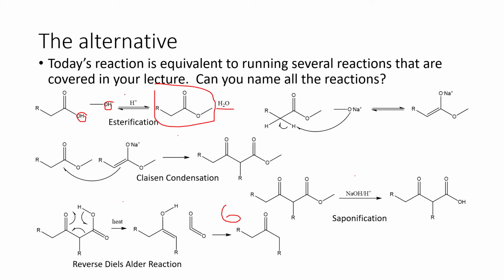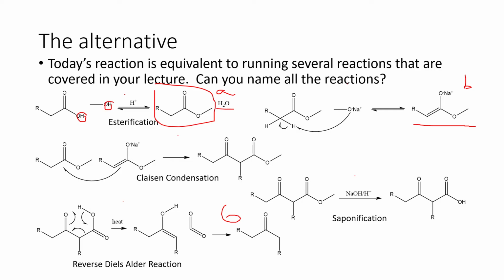This product can then react with a methoxy salt. So the salt will come in to remove the hydrogen and basically form an elimination reaction. And we're left with this very interesting reactant. By combining A with B, so here, we can undergo a Claisen condensation.